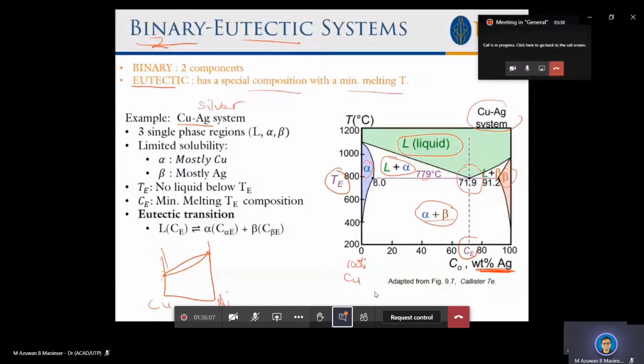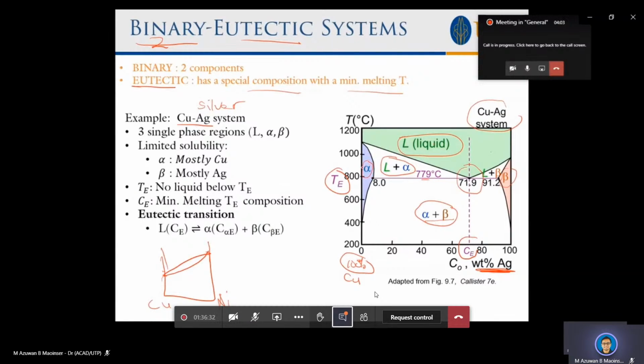So imagine initially you start with 100% copper and then you start to add silver, or substitute silver into it. You can only do that up to 8% maximum before it turns into alpha and beta, or liquid and alpha, depending on the temperature.